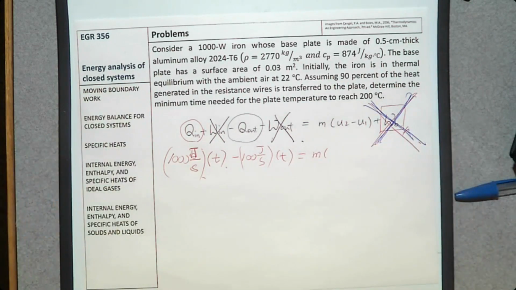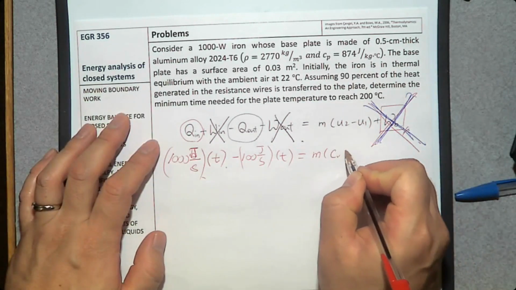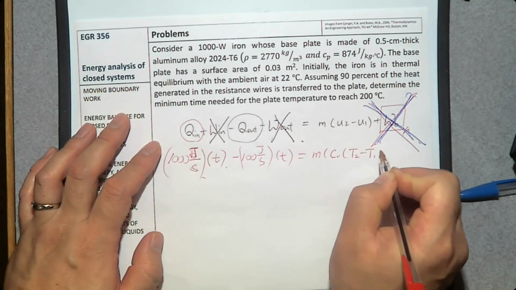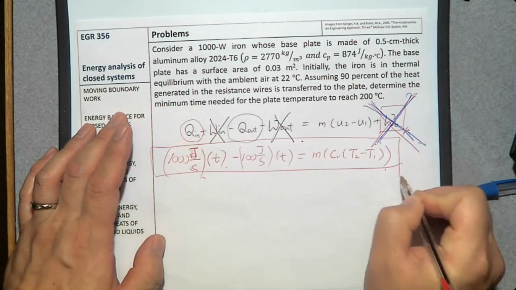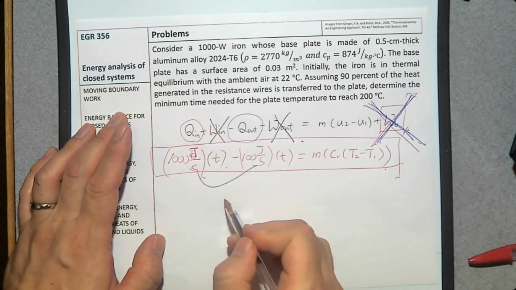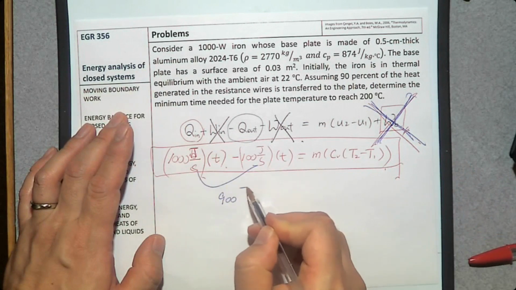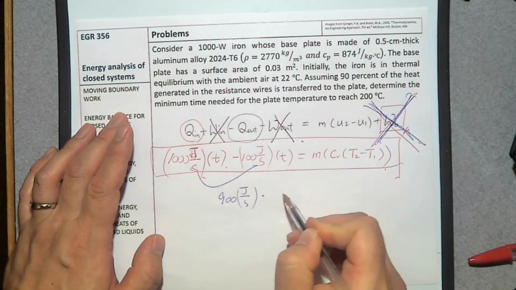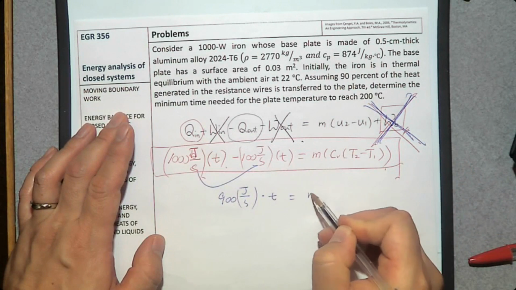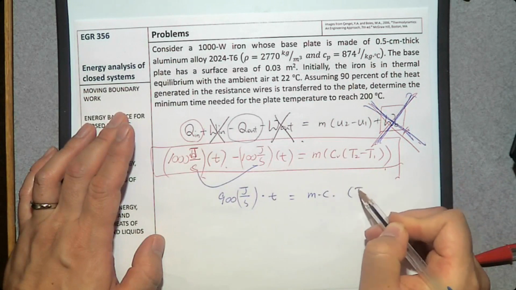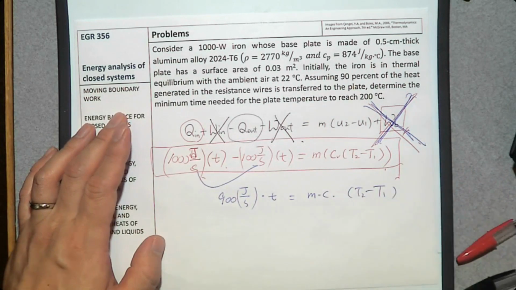How do you determine U2 minus U1? Specific heat Cv times (T2 minus T1). So we can combine these, say 900 joules per second times t is going to be mass times specific heat times (T2 minus T1).